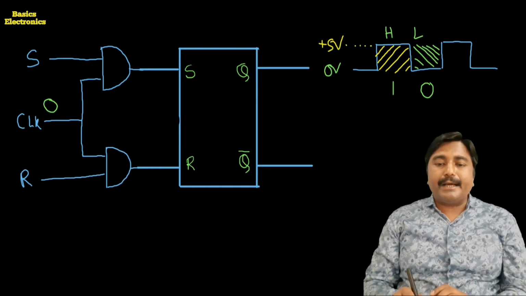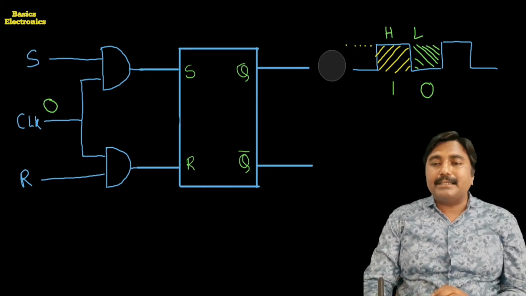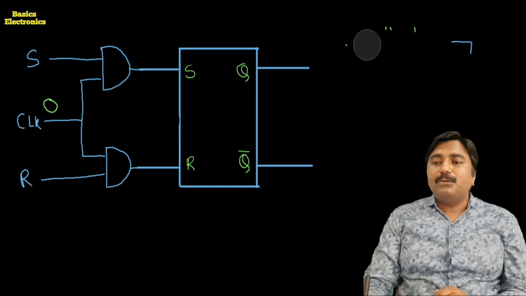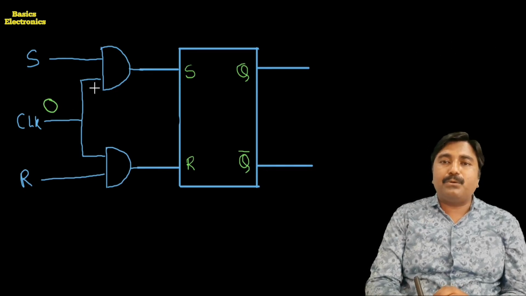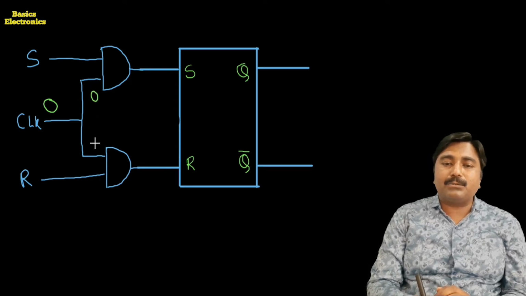Okay, so here we consider that the clock pulse is in the low time period. At the low time period, the input to the upper AND gate and the lower AND gate is equal to 0.